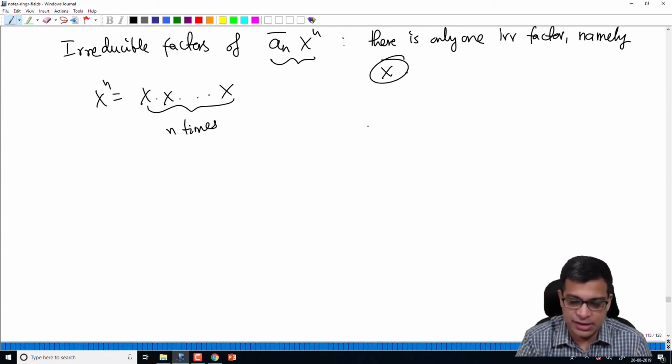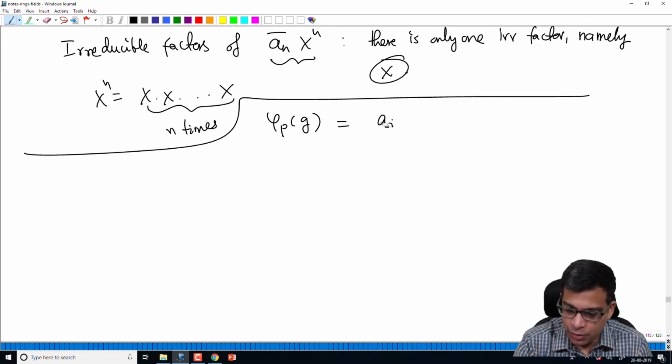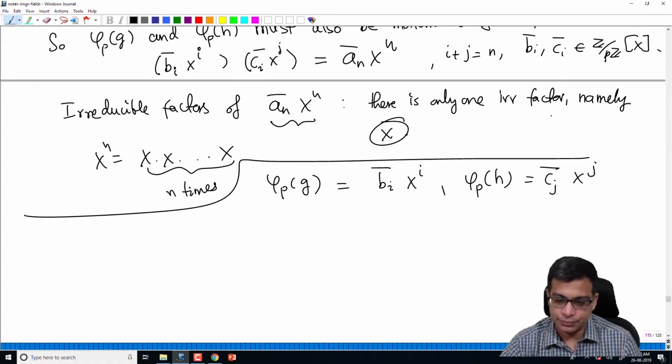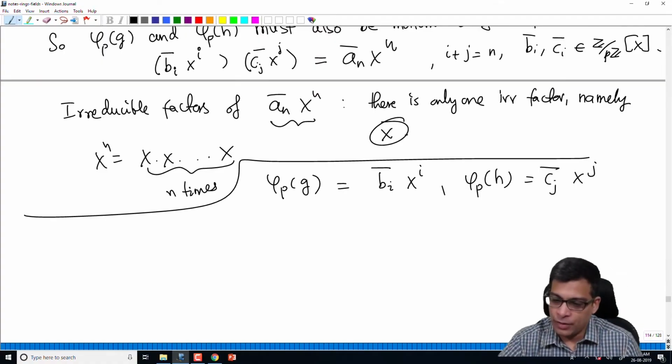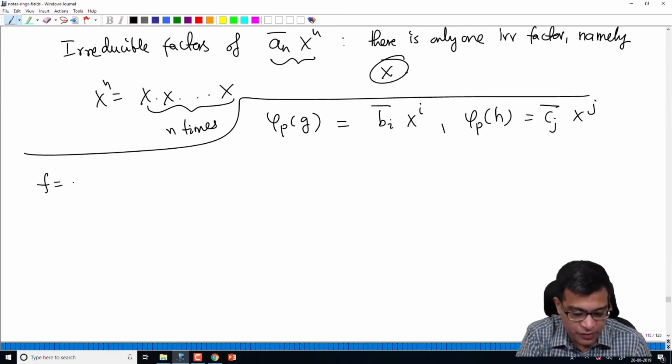So now what does this mean? So phi pg is bi bar x power i, phi ph is cj bar x power j. So now think of what g is. Remember, f is gh.